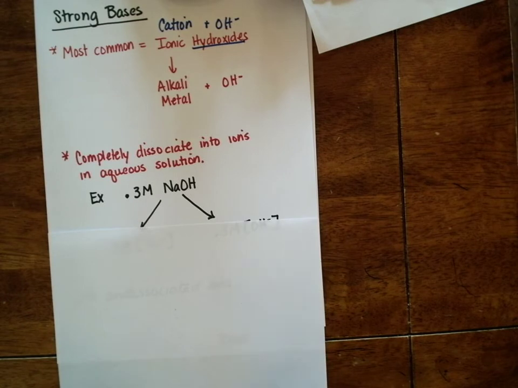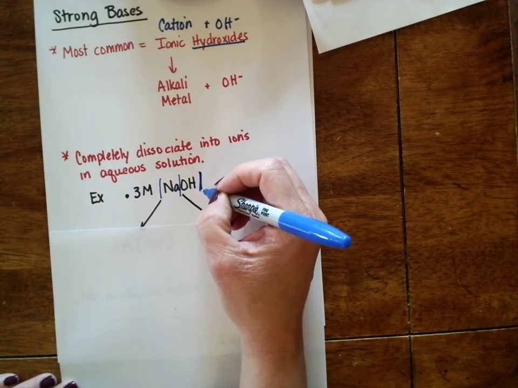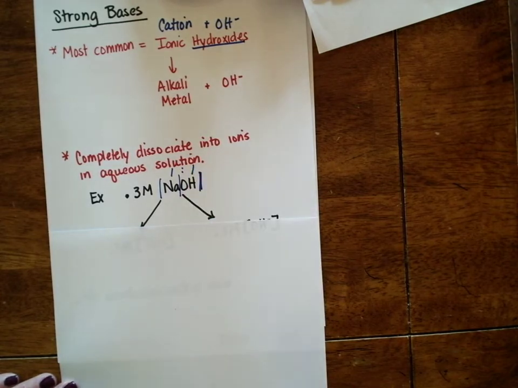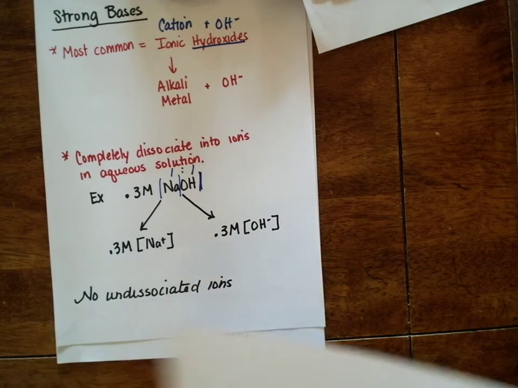So if I have a 0.3 molar solution, let's examine this. Here's my cation, here's my anion. I'm looking at it again. I've got a 1-to-1 ratio. That's great. That tells me I have 0.3 molar Na plus concentration and 0.3 molar OH minus concentration.